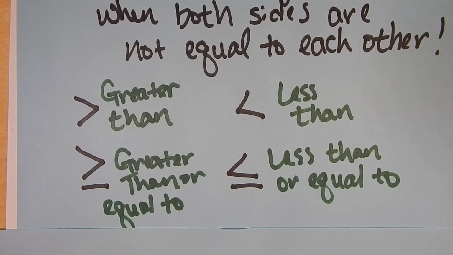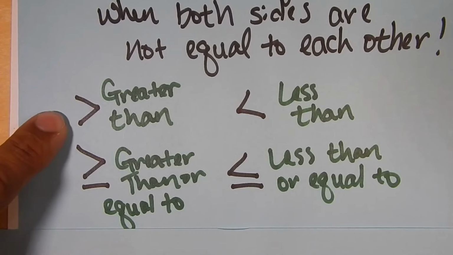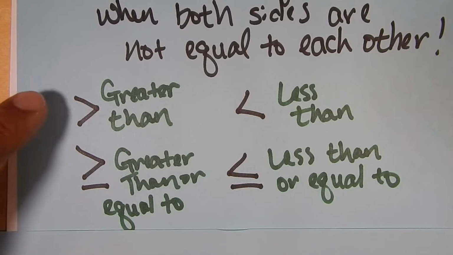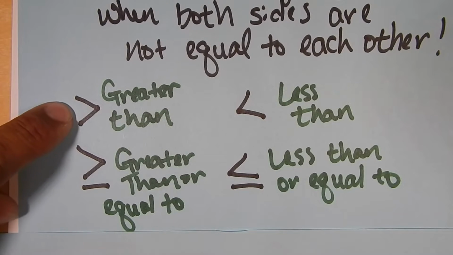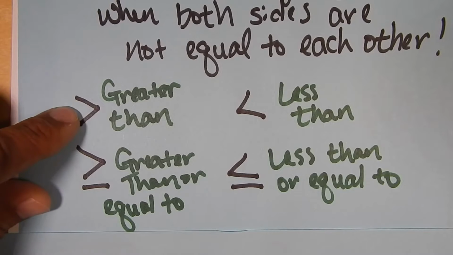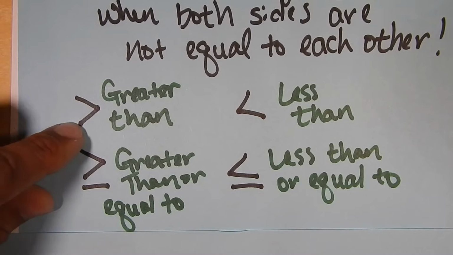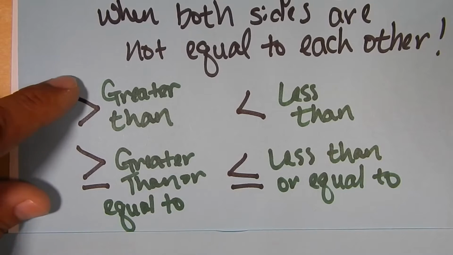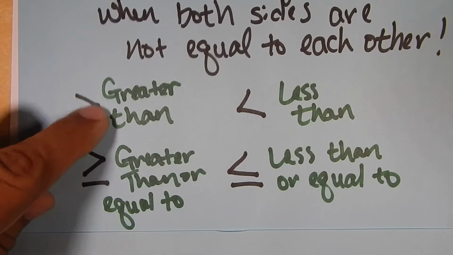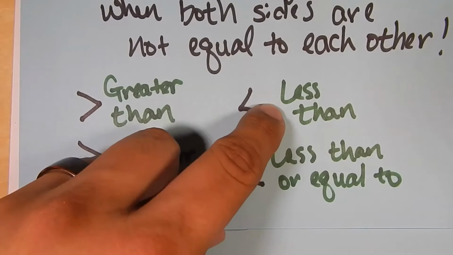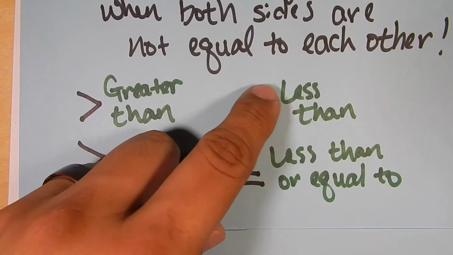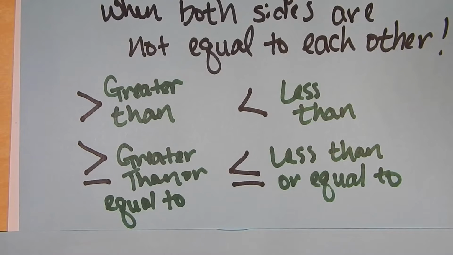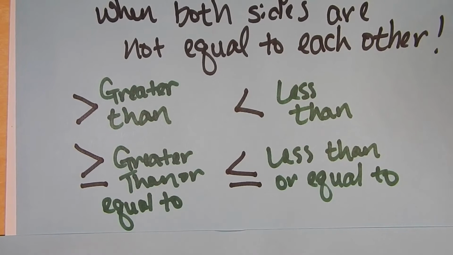And these symbols have meaning. One way to think of it is one side of a triangle. If we put the third side here, this is the bigger side than that side. Or if we put our third side of our triangle here, that's the bigger side than that side. At any rate, we have these symbols that we're going to be using.